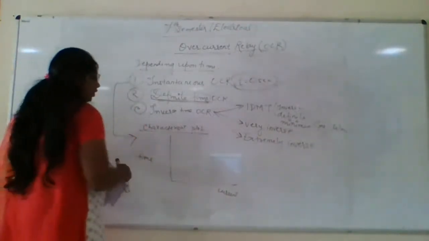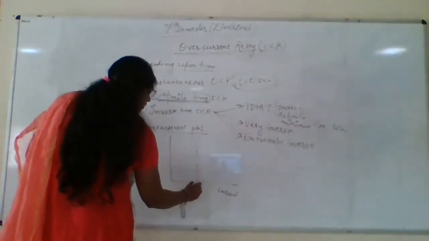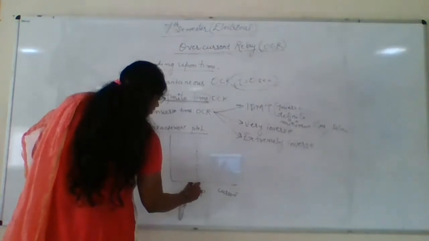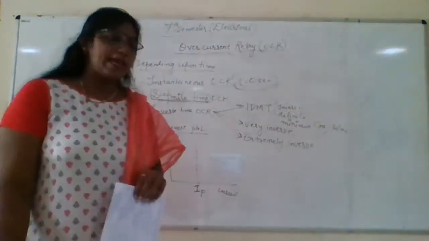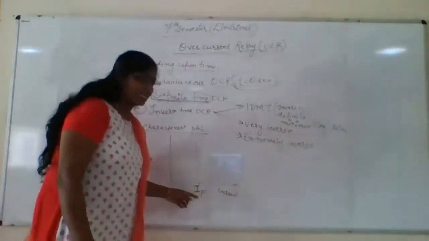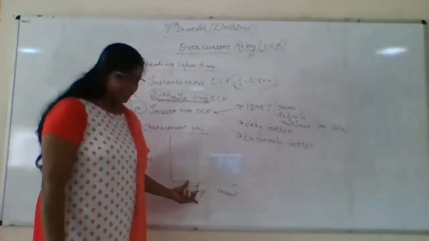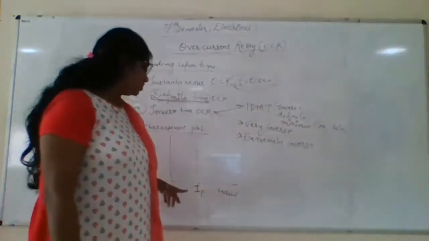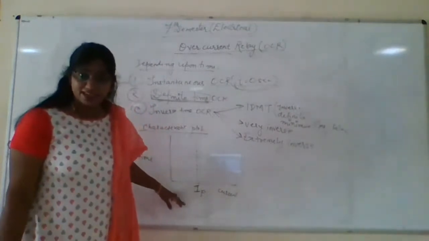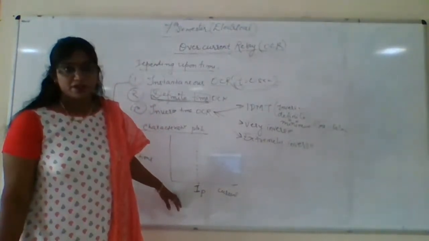Fine. So here there is one preset value of current, which is termed I subscript P. IP is the preset current. Fine children, there is one preset current. What is this presetting? Relay presetting, I told you, is the permissible amount of current which can be withstood by the system during operation.